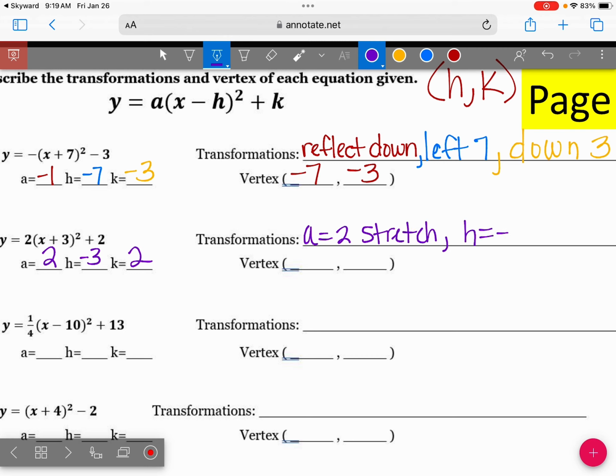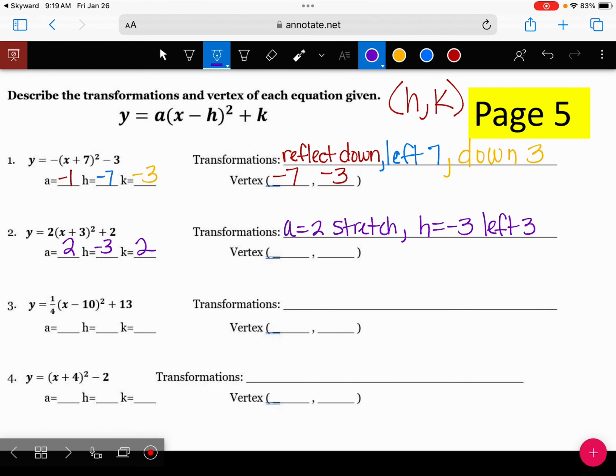Now, H is -3. What do you think that's going to make the graph do? Is it going to go left 3 or right 3? If it's negative, it goes to the left. So write left 3. And K is +2. So what is that going to make the graph do?